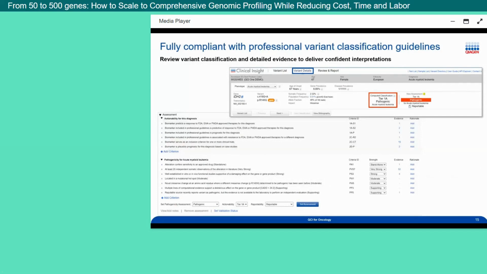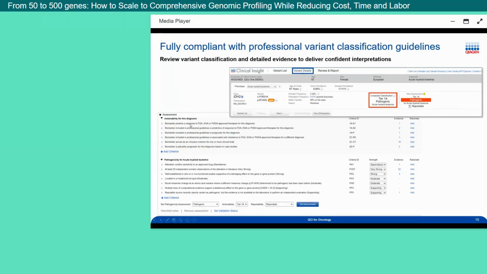The second section, front and center in the variant details page of QCI, is the assessment section, which displays the computed actionability and the pathogenicity criteria. Here I want to focus on the actionability for this variant.